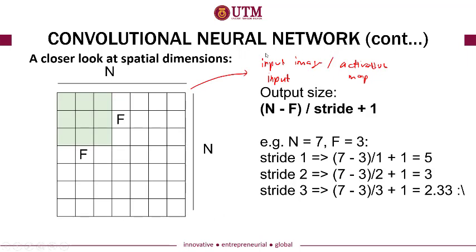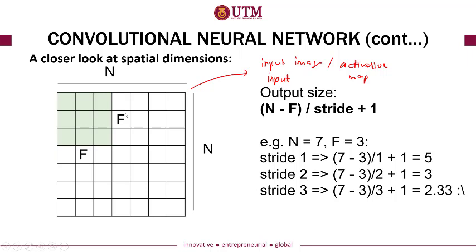Because the input image only occurs in the first convolutional layer. For the second, the third, or the middle convolutional layers, the input is not the input image anymore, it's the activation map of the previous layer. So it's better for you to call this the input only.